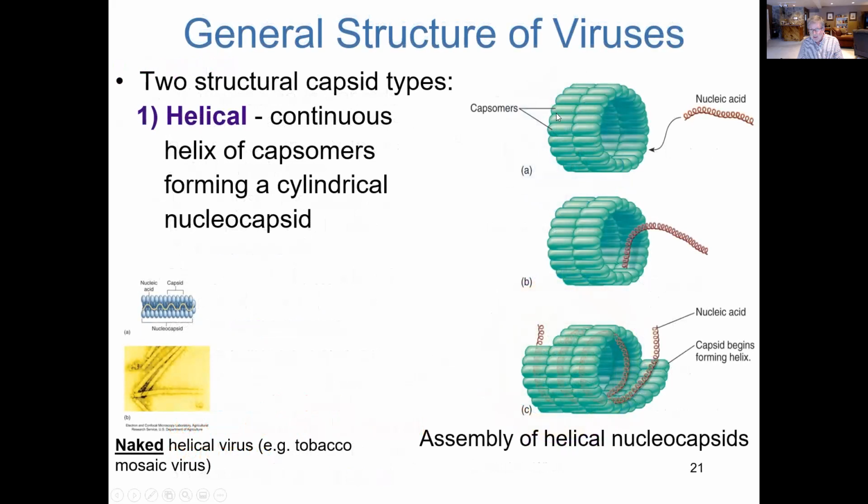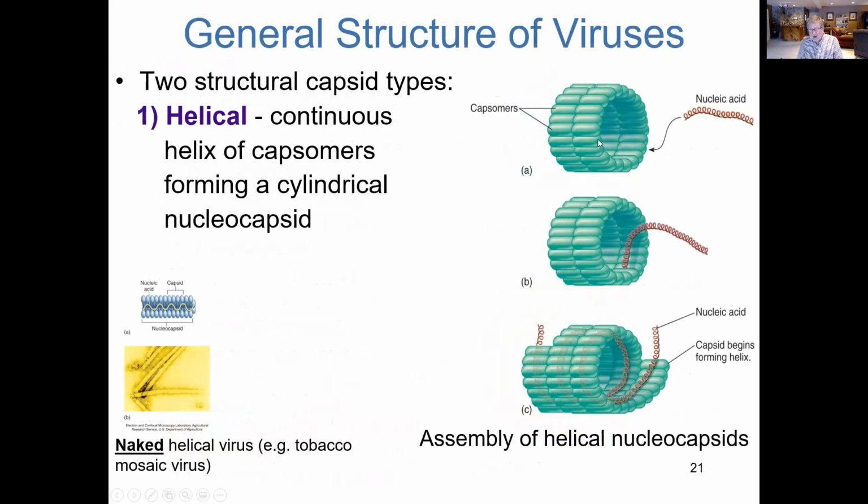They're still the building blocks of the capsid. That doesn't change by definition. But in this particular set of sketches, we see these various capsomers making up a helical structure within which we see the nucleic acid being wrapped. So this is the formation of what's called a helical nucleocapsid.